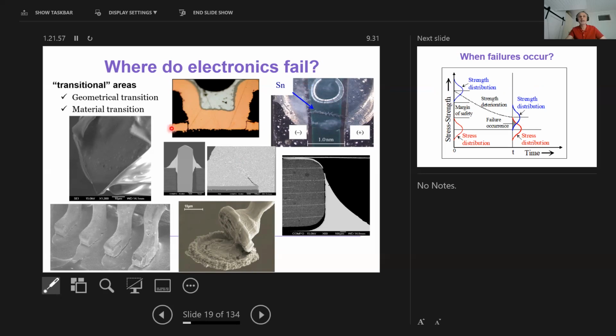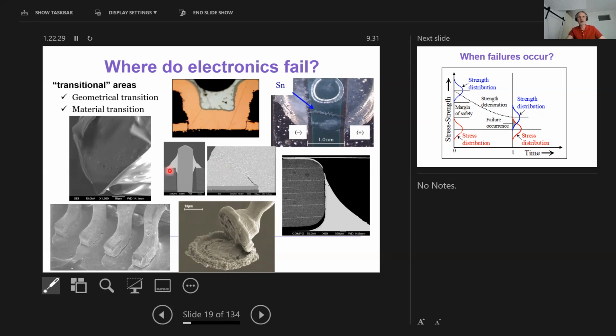So you can see that here the failures have occurred in these sharp corners, because when you apply bending, or in this case mechanical shock loading, which caused large bending, then this is the weakest link. You think that if you push this one part upwards and these are fixed, then it starts to bend, and this is the weakest link. Quite often different types of corners or something like that are critical.